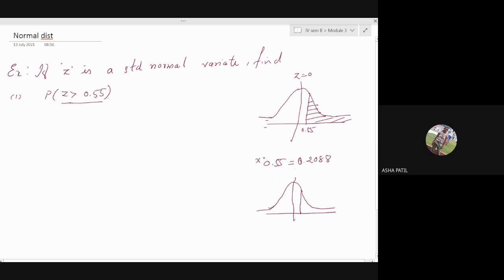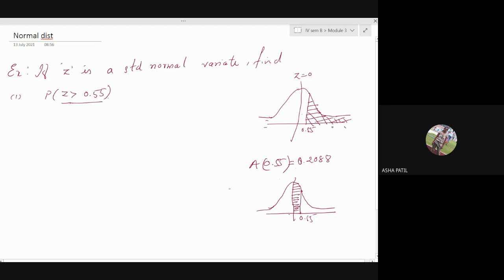Now what this table value gives, I will write usually as A of 0.55, we have got it as 0.2088, means that is the area from 0 up to 0.55. But we don't want this area. Actually, we are interested in the values of Z greater than 0.55.